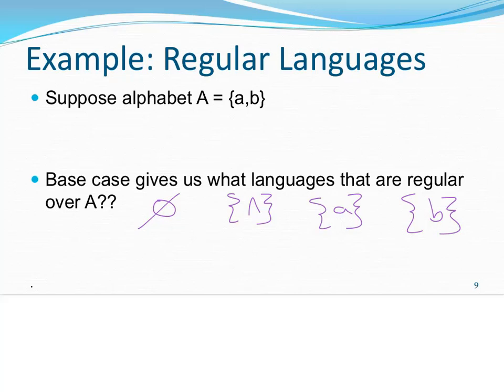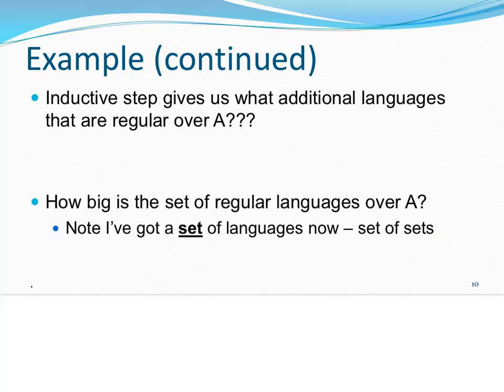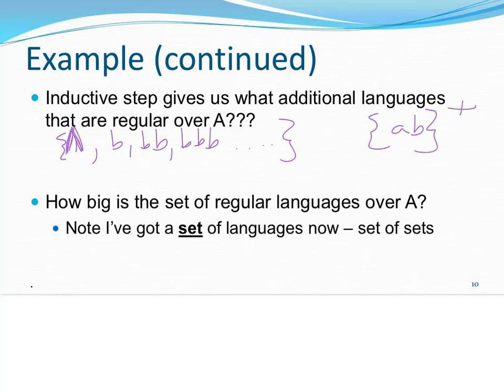Each of these is a set of strings. The inductive step gives us a bunch more languages, right? We can now take the union, we can concatenate, we can take the star. So for example, B star, which is lambda, B, BB, BBB, and so on, is regular over A. We know we can concatenate, so AB is regular, but that also tells us that the set AB starred is regular, right?